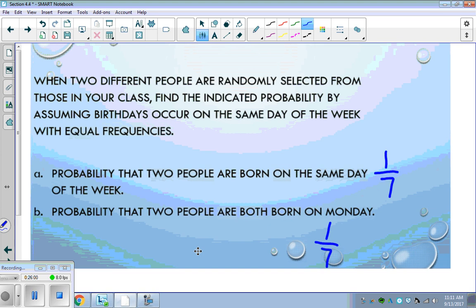When I choose the second person, is that independent or dependent? Independent, because it doesn't matter what day my birthday was on. It didn't change what your birthday's on, right? So when I choose the second person, what is the probability? 1/7. So it would be 1/49. So that's a good thinking problem, to have you be thinking about what you're actually doing.